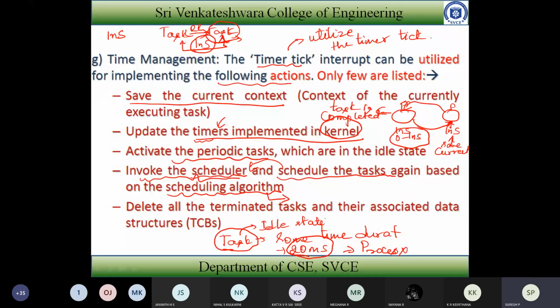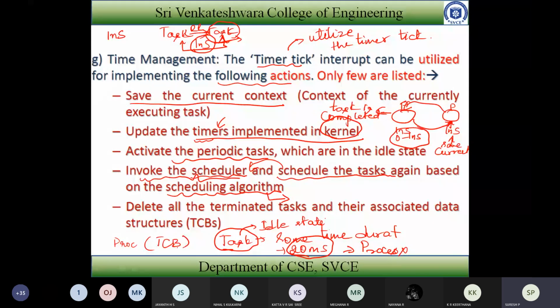Once you have scheduled that particular algorithm, assume that some of the tasks have completed their execution. Whatever process is running will be stored in the data structure, the TCB.